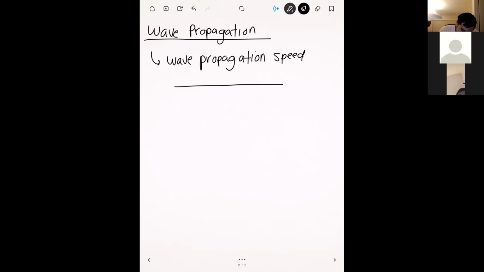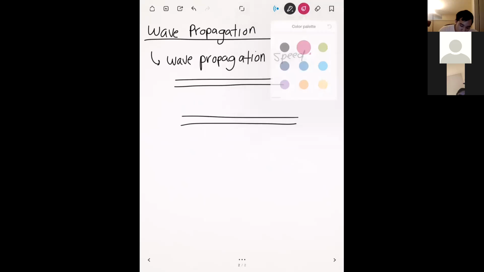So if we draw the blood vessel like this, and inside the blood vessel we have blood that's flowing through like this, but then along the vessel walls you have your pressure pulses traveling this way, right? And what we said was that the pressure pulse propagation speed was much, much faster than the blood flow velocity.